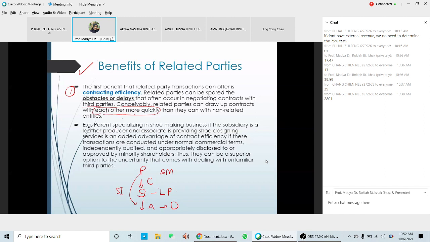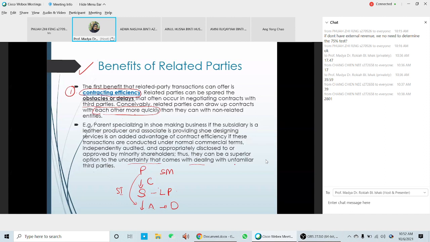So they know each other, so the contract becomes efficient, meaning there is less cost and less time to come up with a contract, because they are familiar with each other. They can be a superior option to the uncertainty that comes with dealing with an unfamiliar third party.